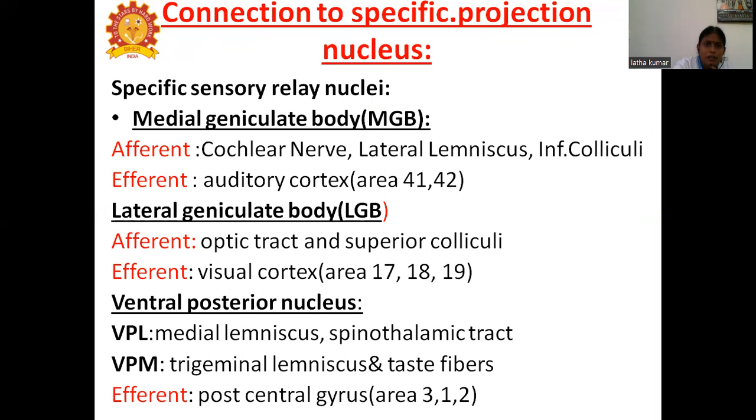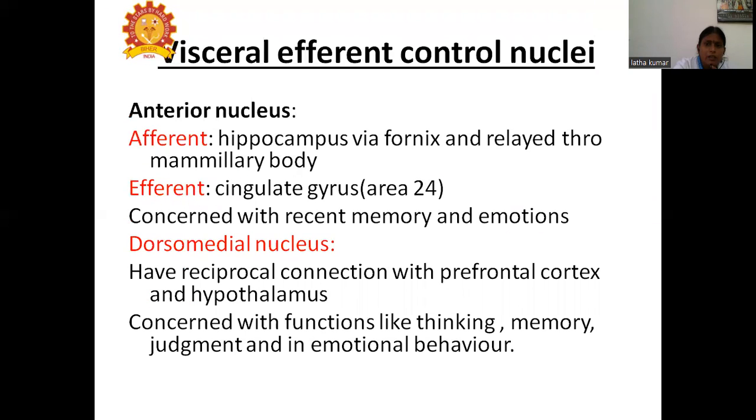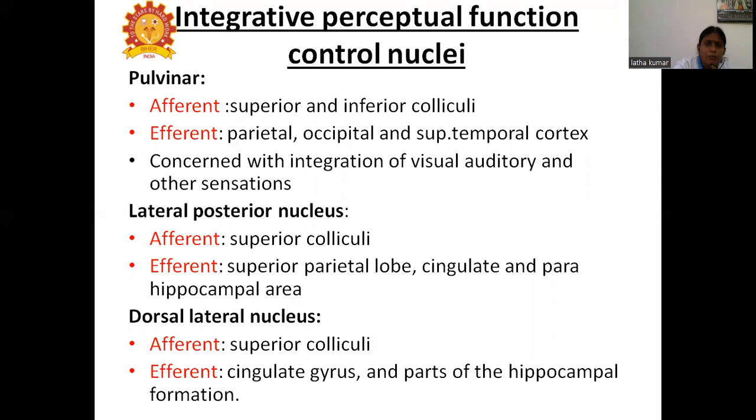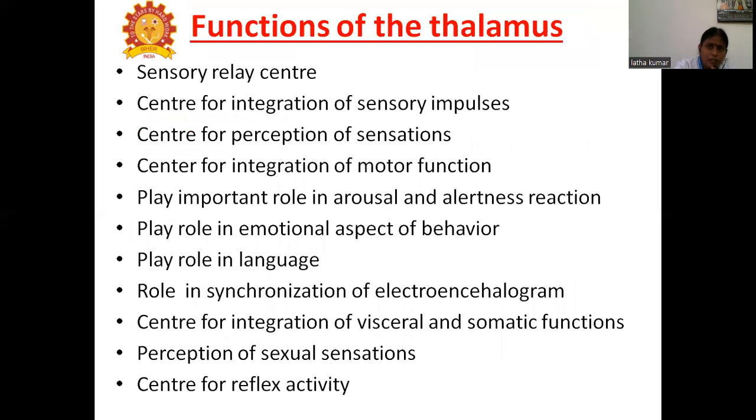That's why they are called specific projection nuclei: specific sensory relay nucleus, motor control nucleus, visceral efferent control nucleus, and integrative perceptual control nucleus. And this one shows the connections of afferent and efferent fibers of the thalamus.